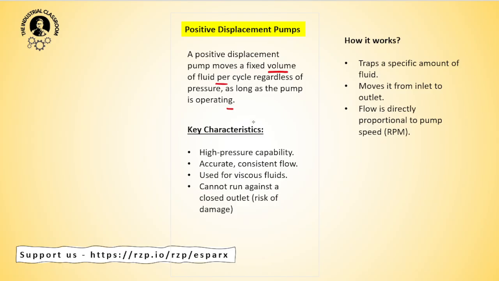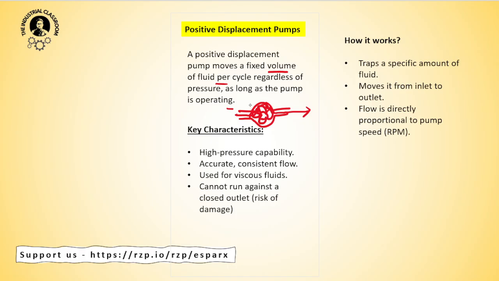The quantity is fixed. But how does it work? See, it traps a specific amount of fluid. For example, here I am using a pump. It traps this fluid and here is a wheel, let us consider, or a gear we can consider. It traps the fluid and the gear rotates and it throws out the same quantity of fluid from inlet to outlet, and this is directly proportional to RPM.